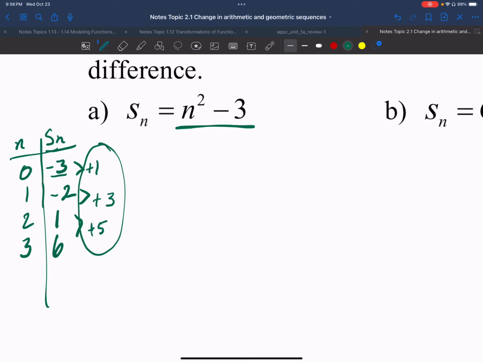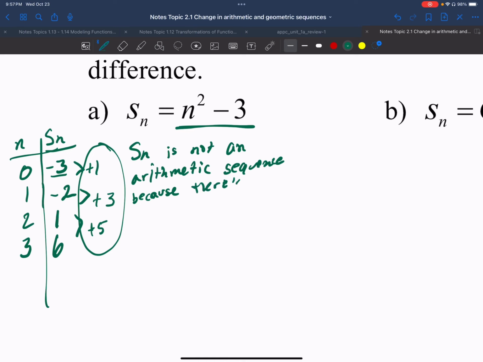So I notice that the numbers are different, so I'm going to say S of n is not an arithmetic sequence because there's not a common difference.